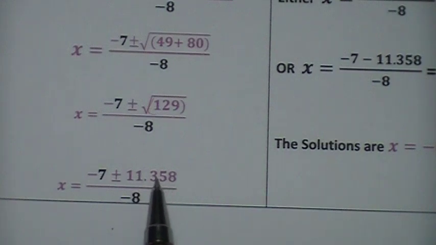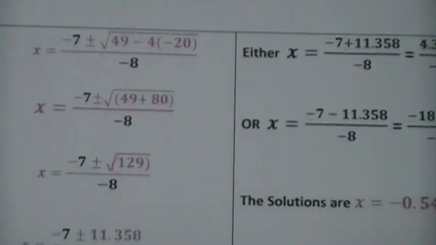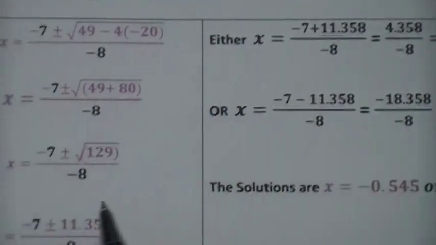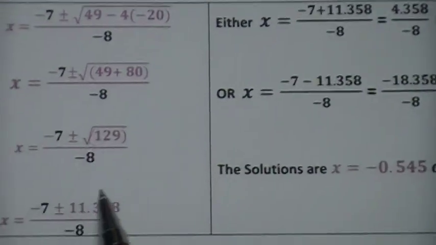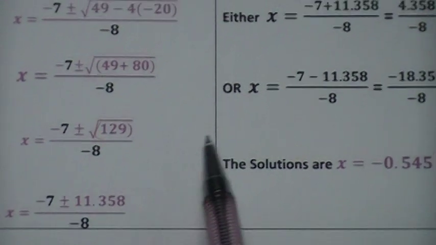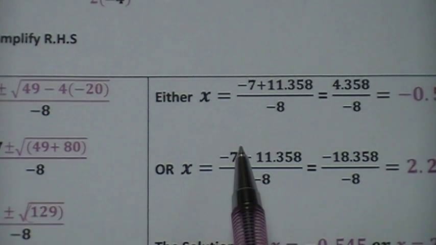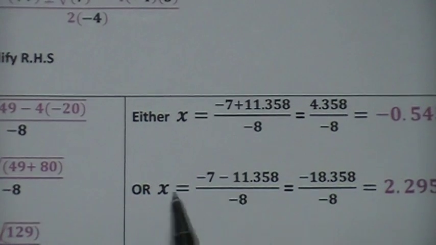So we're going to subtract 11.358 from negative 7. So let's look at it. In one instance, we take the positive between the 2 numbers, and in the next instance, we take the negative between the 2 numbers, as you can see here. So for one of them, we have it as either, and for the other one, we have it as or.